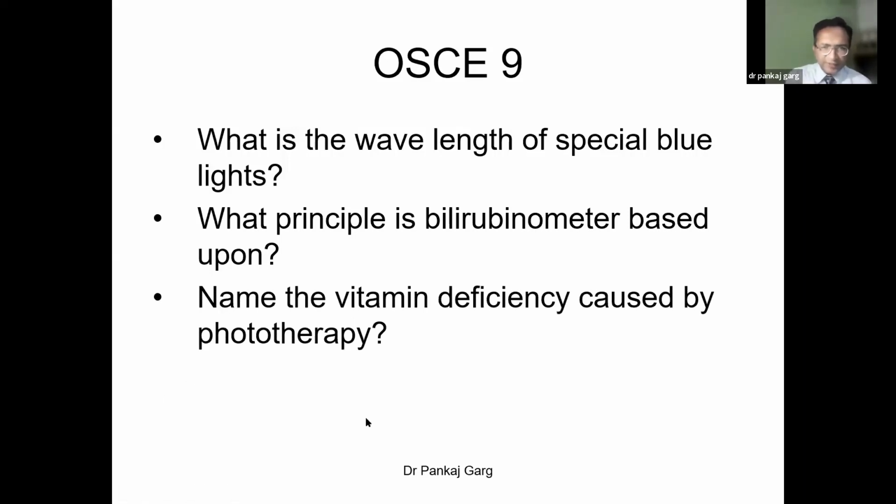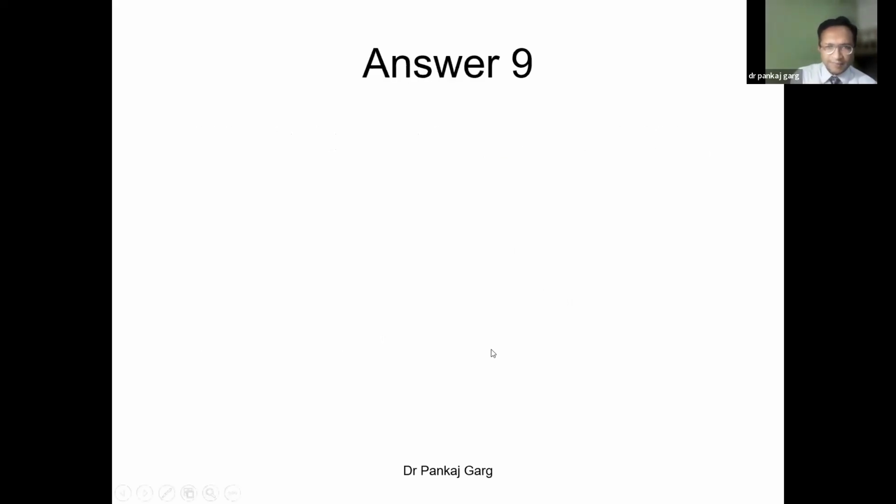Not a very serious disorder. Spectrophotometry, chromatography, differential absorption of light. B1. B1 is thiamine. Is it thiamine or is it something else? This is not thiamine, Nisha. This is riboflavin. Okay.